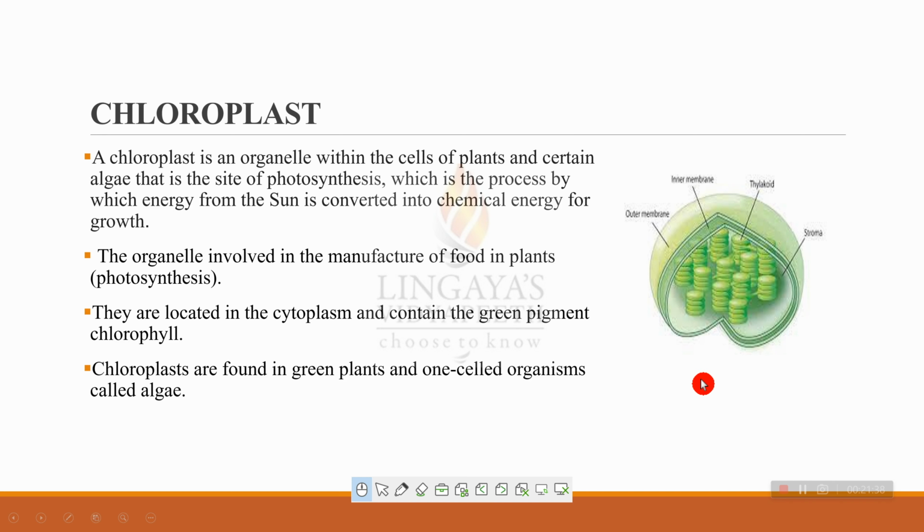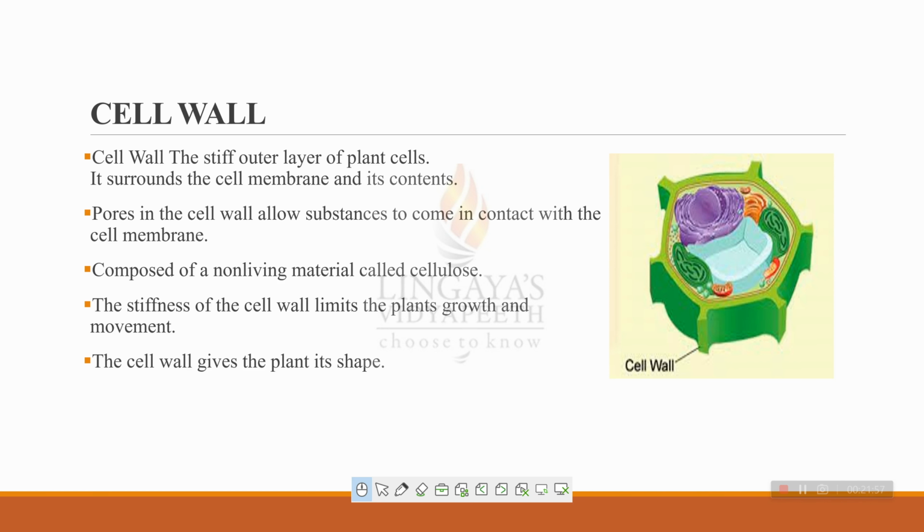Photosynthesis is the process by which the plants make their own food. It is located inside the cytoplasm and contains a green pigment called chlorophyll. It is generally found in green plants and single cell organisms called algae.